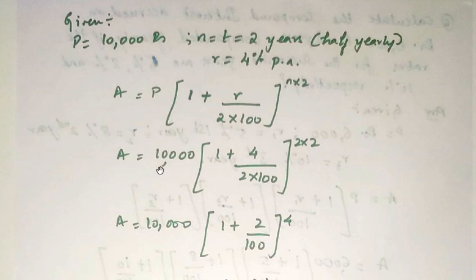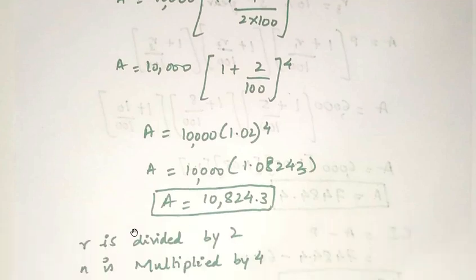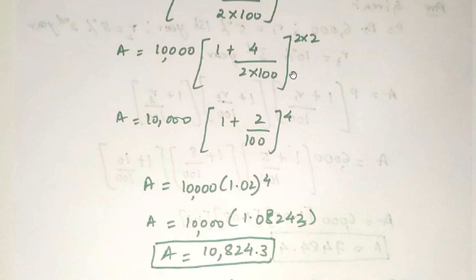So your formula goes like this. A is equal to 10,000 into (1 plus 4 divided by 2 into 100) to the power of 2 into 2. So A is equal to 10,000 into (1 plus 2 divided by 100) to the power of 4, because 2 ones are 2, 2 twos are 4, so 2 divided by 100.